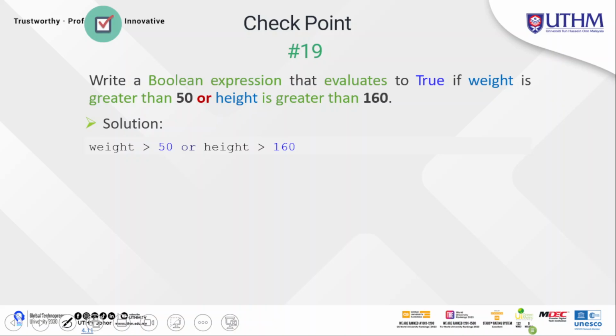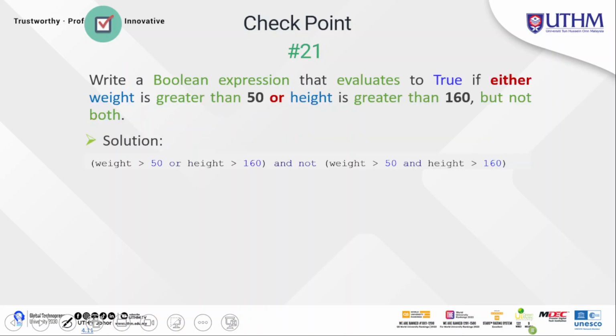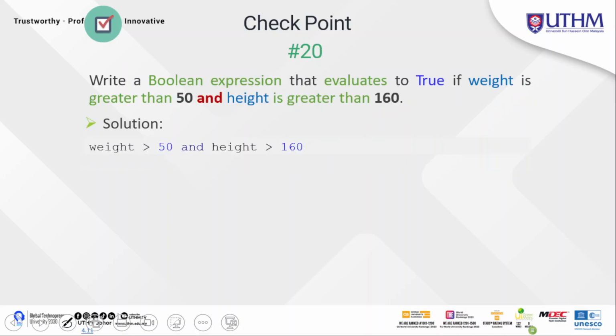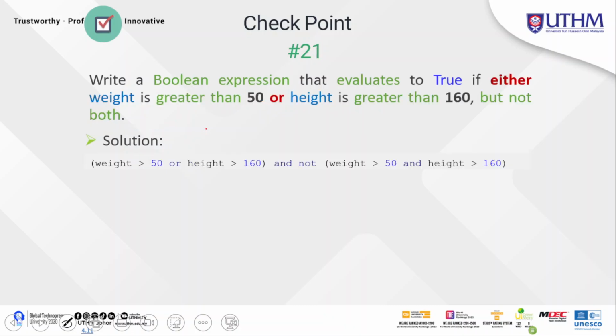You can use weight greater than 50 or height greater than 160. Previously it was an OR statement. The same thing is applied to the and operator statement, logical operator, and this one is the not operator.